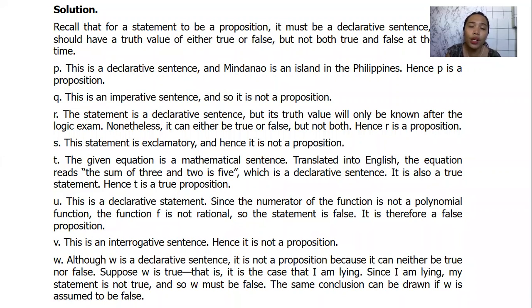Why? Because dili pa ta makabalo kung true ba iyang statement or false. Because ay pa ta makabalo kung true ba siya or false if humana ang logic exam. No? So, kung humana ang logic exam, diha pa na nato ma-determine kung true ba iyang giistorya, nga perfect ba sila tanan or false ba iyang giistorya. Okay? But it is a proposition because it is a declarative sentence.